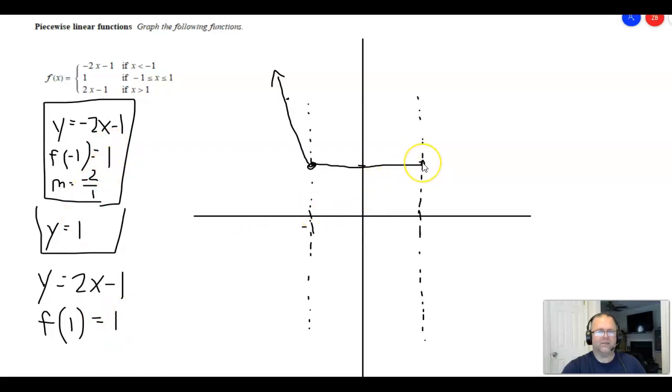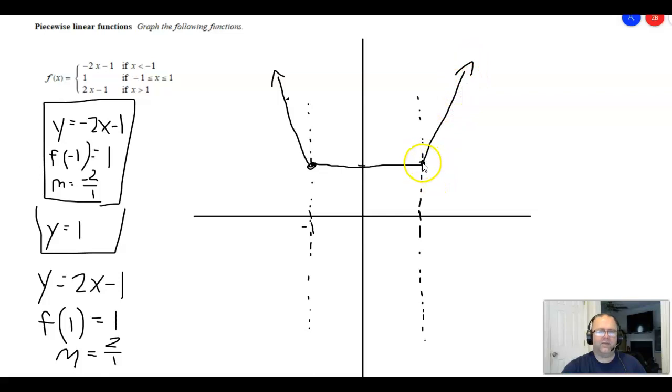So it looks like we're going to start here again, and we have a slope of 2 over 1, which means we have a positive slope that goes up 2 and over 1. So we have a slope that's a little bit steeper than that. Let me redo that one. Let me go just a tad bit steeper to match the other side there. All right, well, close enough.